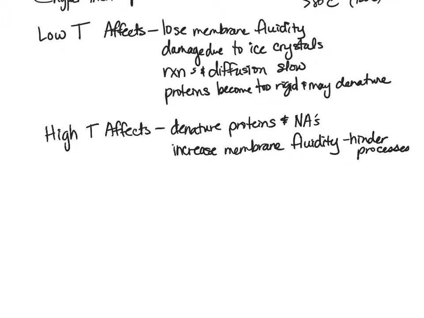And of course, in extreme high temperatures, all of these things in the membrane will start to fall apart, and then the cell will die anyway because of this very, very high increase in temperature.